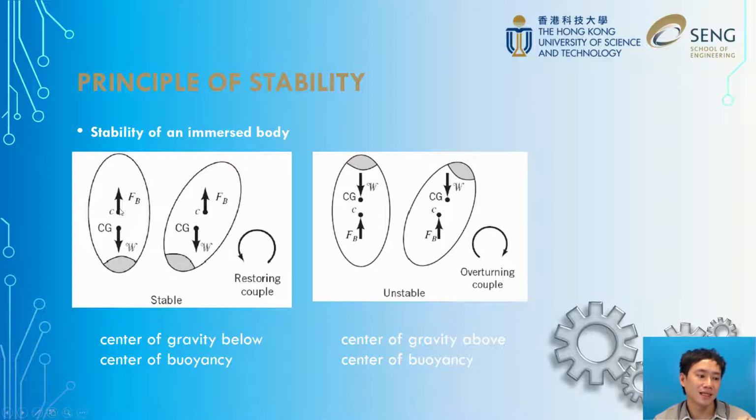If you can achieve that in an airship, you don't need to worry about the stability in the pitching and rolling direction. They will satisfy the stability condition automatically if you put it in the correct manner. All you need to worry about in the airship situation is only the stability in the yawing direction.